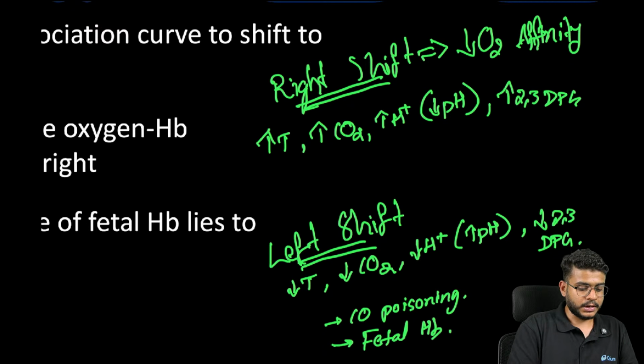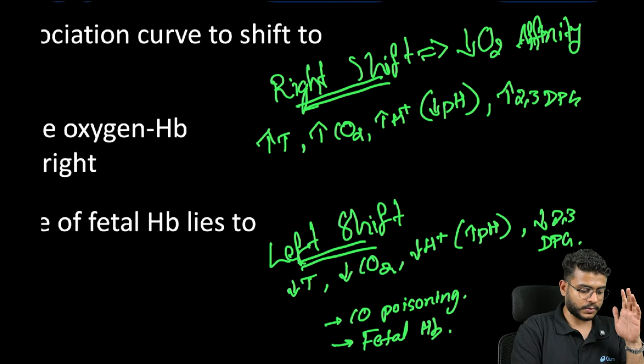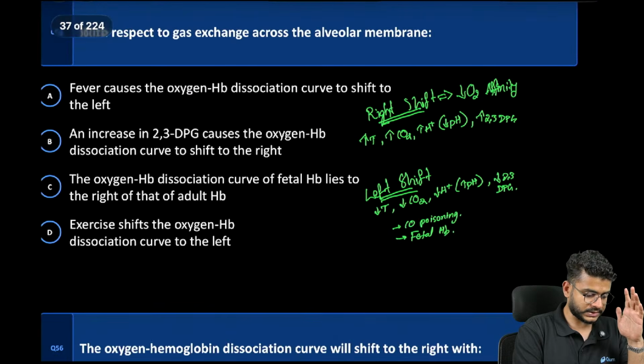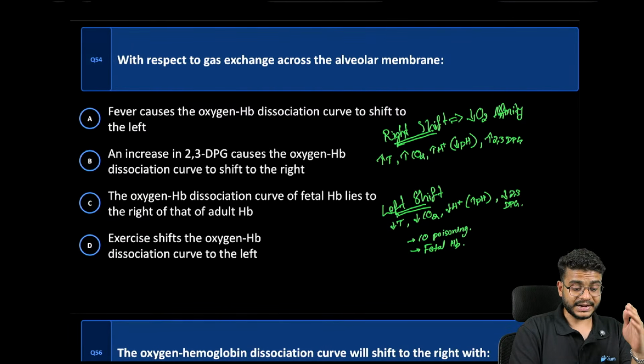You should be absolutely clear with these two, because for tomorrow's exam there will be one or two questions definitely from this topic. Okay, so let's go to the question. Also one thing, the right shift occurs at the tissues and the left shift happens at the lungs.